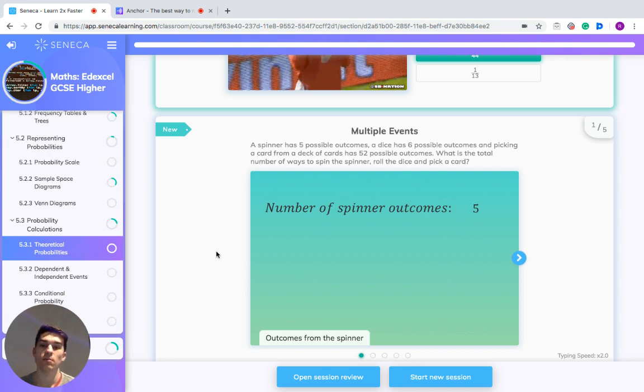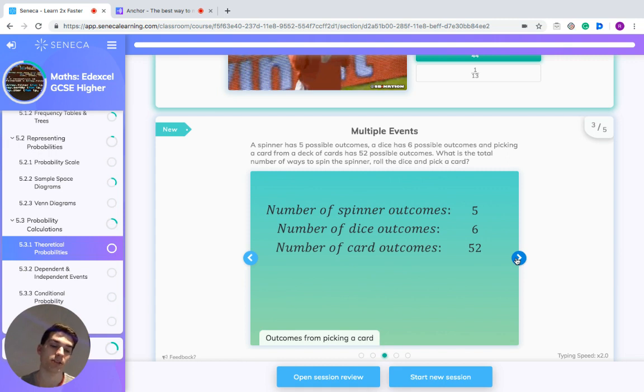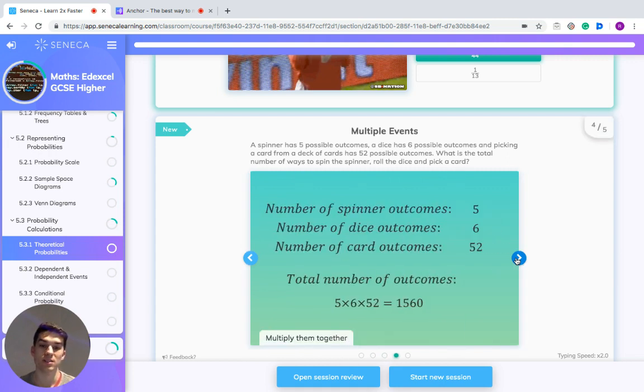What is the total number of ways to spin the spinner, roll the dice, and pick a card? So there's something very easy we can do to work out the number of ways something can happen. First of all, remember, the number of spinner outcomes is 5, the number of dice outcomes is 6, and the number of card outcomes is 52.